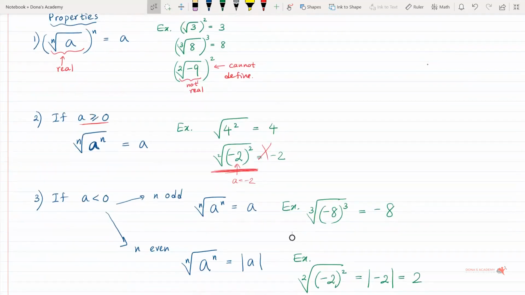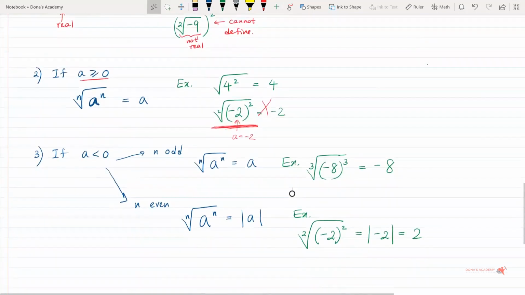Now, if a is greater than or equal to 0, then if you take the nth power first and then take the nth root, it's going to be again a. However, in negative case, we have to consider two cases, odd and even. In odd case, it's going to be a. However, in even case, it's going to be absolute value of a. So remember those properties, okay?